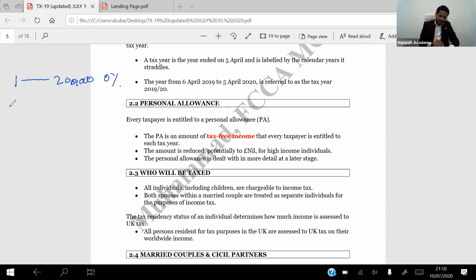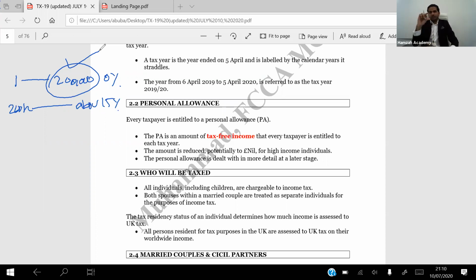Then from 200K to above, on all income, you have to pay 15% tax. So what is this 200,000? It is my personal allowance. Personal allowance is actually a bracket which gives you a non-taxable portion of your income.